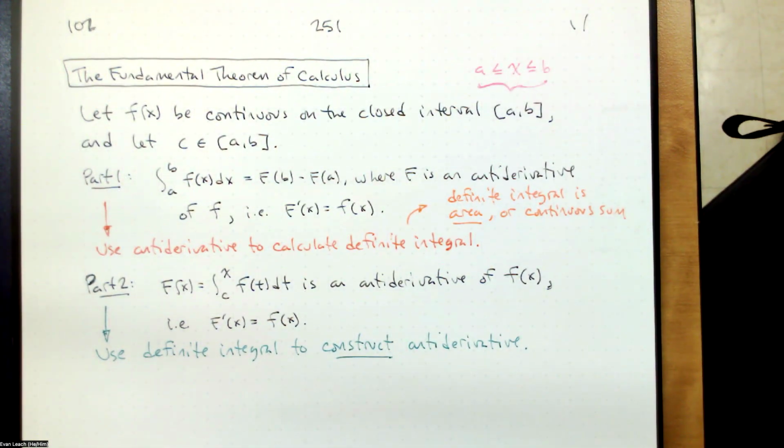We are using a definite integral to construct an antiderivative. Not find an antiderivative with, let's say, x to the n plus 1 over n plus 1, but to construct an antiderivative.